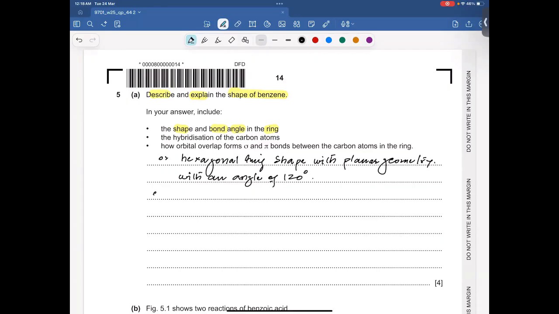Okay, next. Hybridization of the carbon atom. All 6 carbon atoms are sp2 hybridized.